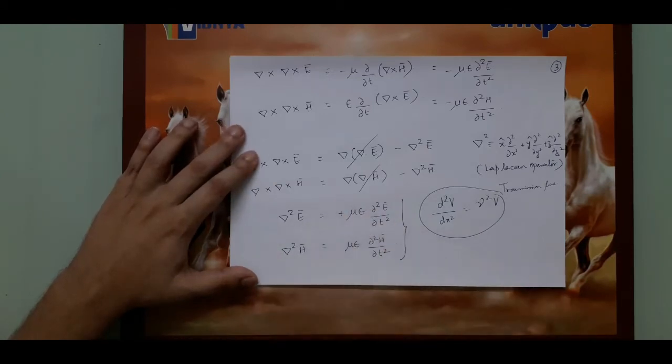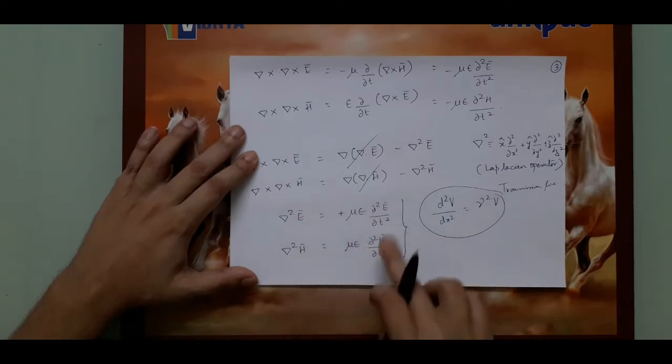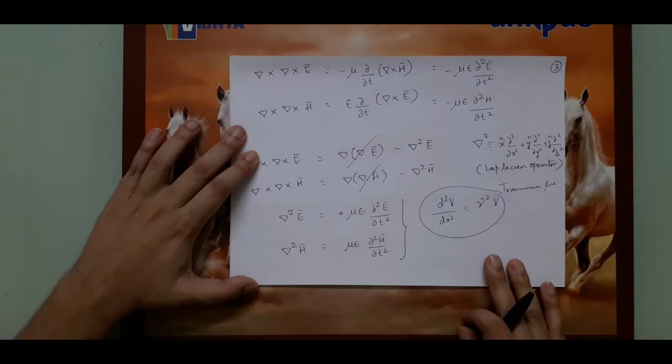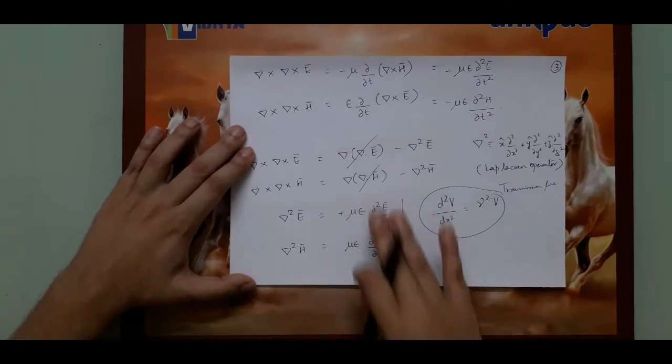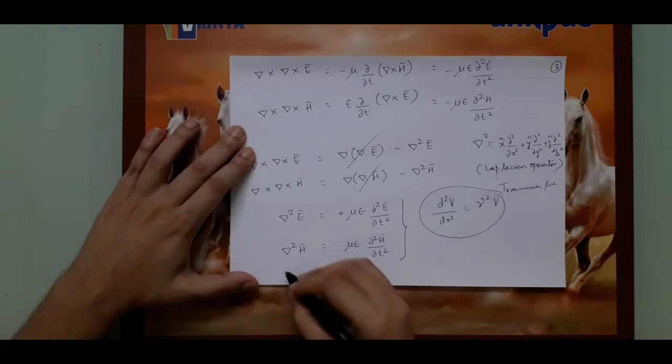So there is every reason to think that even the solutions for the E and H field from the Maxwell's equations, because of time varying source, will also give us a wave. Therefore, these two equations are the foundations behind what we call the electromagnetic wave.